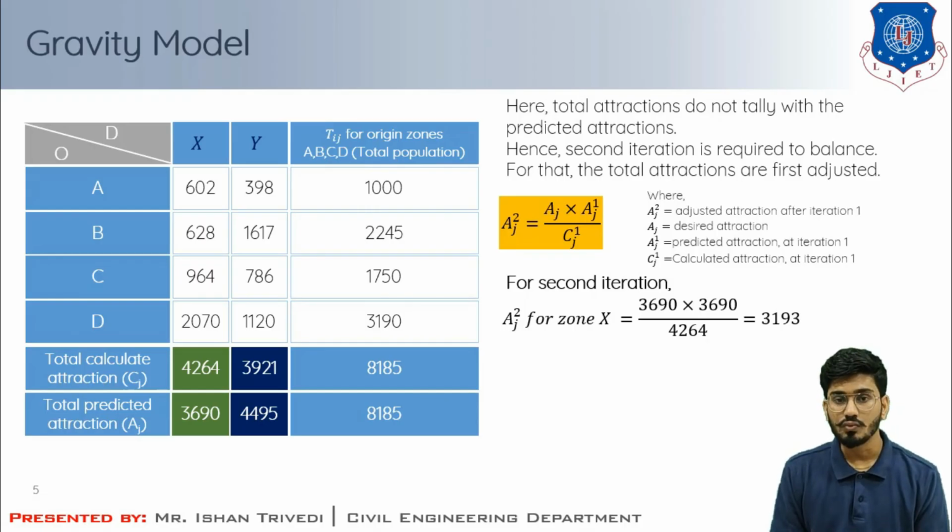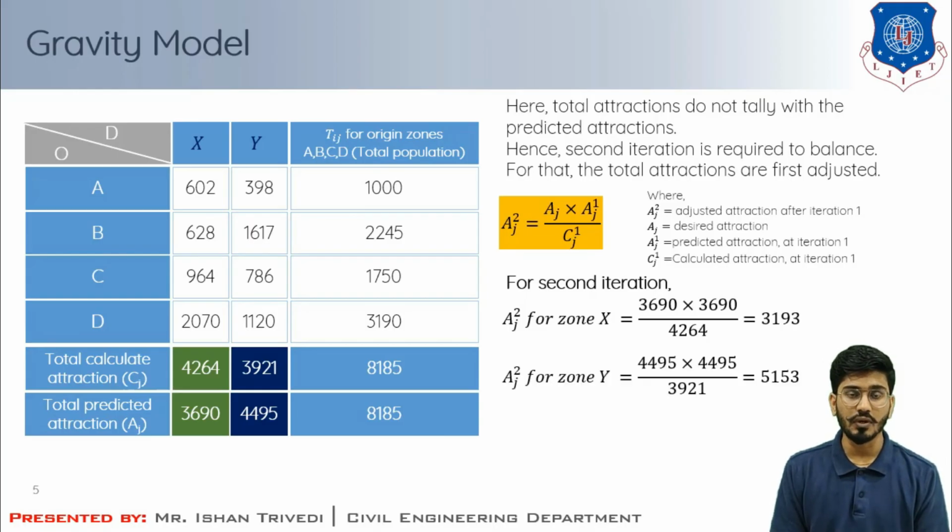Aj2 is equal to 3690 into 3690 upon 4264, and the answer is nearly 3193. Similarly for Y zone, we have 4495 into 4495 divided by the calculated attraction 3921, and the answer is 5153.